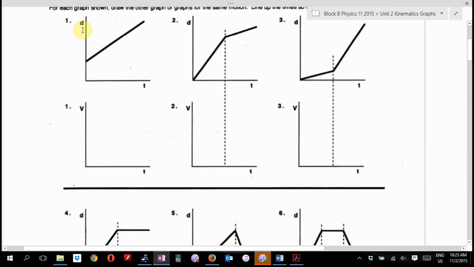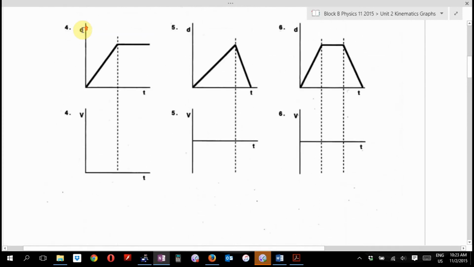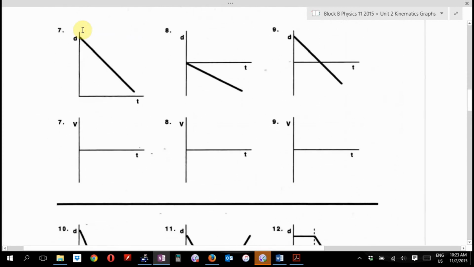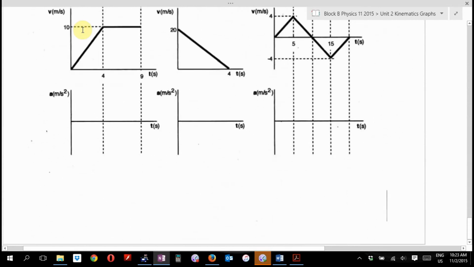There are going to be 4, sorry, that's a lie, 1, 2, 3, 4, 6 or 7 questions where I give you a distance versus time graph and I say sketch the velocity versus time, or I give you a velocity versus time graph and I say sketch the distance versus time, or the acceleration versus time on your test. In fact, I might even have lifted a couple of questions almost right from here and just changed a few things. Any of these that you were going, I have no idea how to get this?